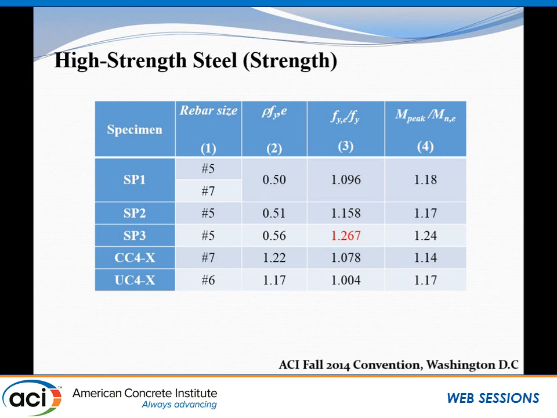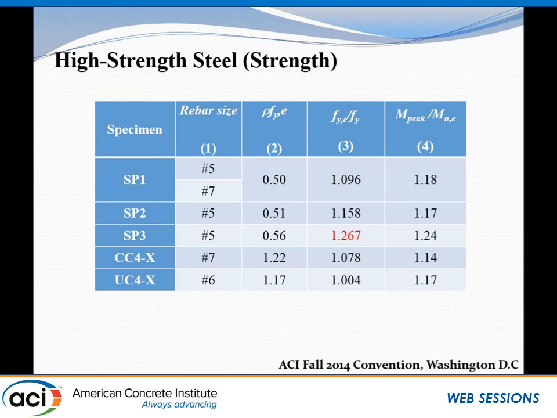However, I want to point out that specimen SP3 uses ASTM A1035 high strength steel. It is labeled as grade 100, but the ratio of test FY to the specified FY is more than 1.2.